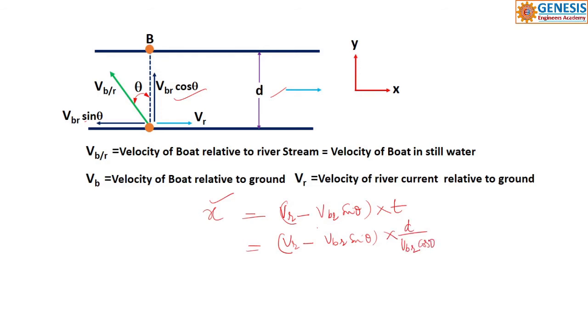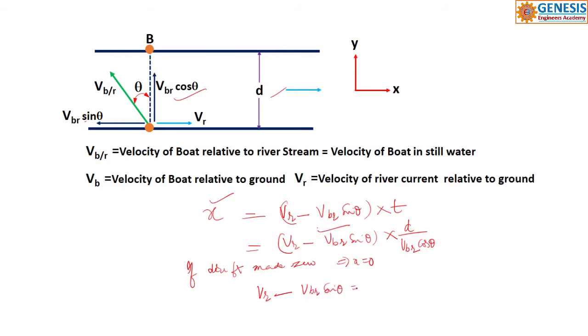If drift is made 0, that is x is equal to 0, then the only chance is VR minus VBR sin theta equal to 0.